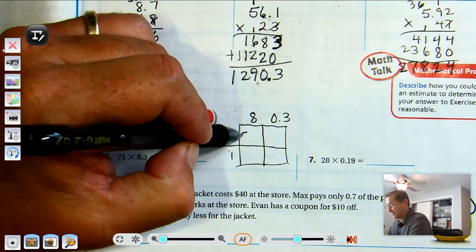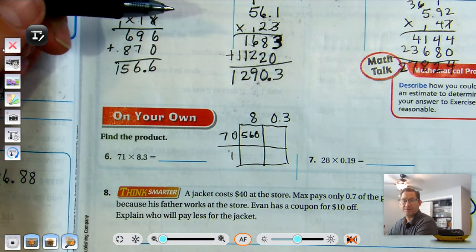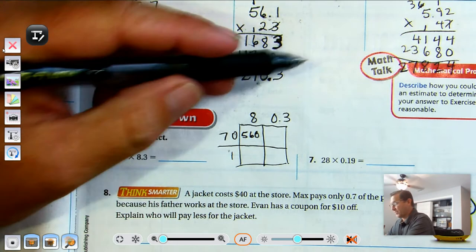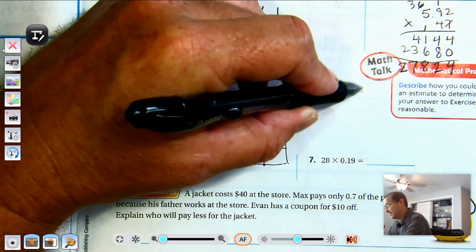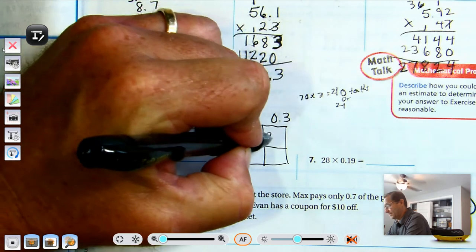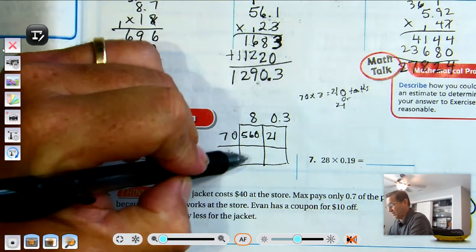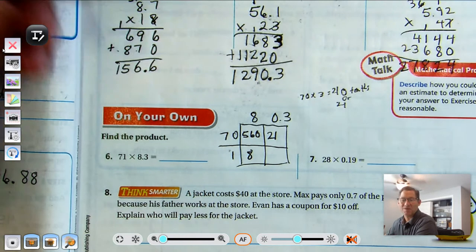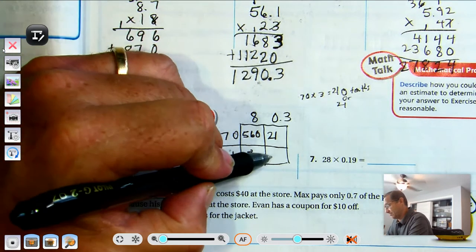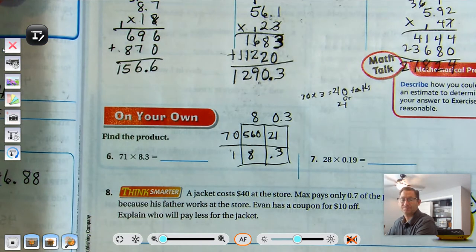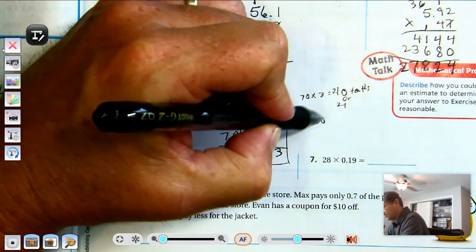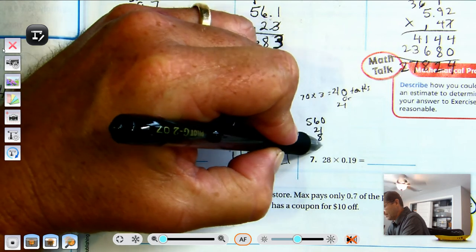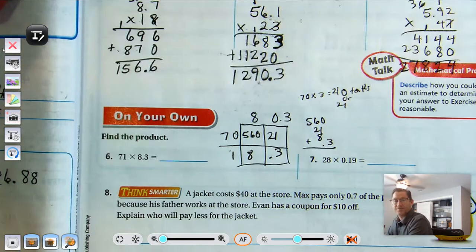Well, 8 times 70, or 8 times 7 tenths, is 560. 70 times 3/10 is 210 tenths, or 21. 8 times 1 is 8. And 1 times 3/10 is 3/10. Add up your partial products. 560 plus 21 plus 8 plus 3/10.